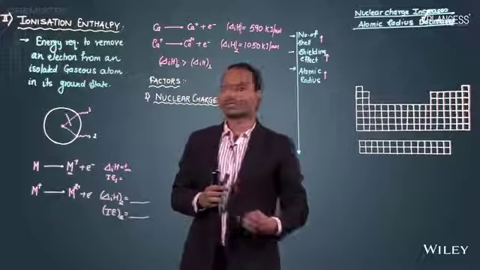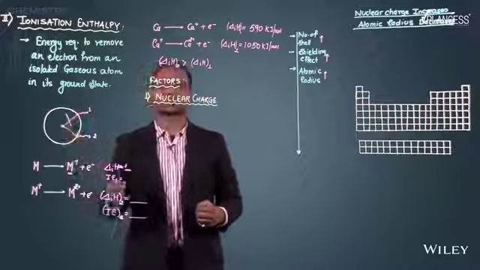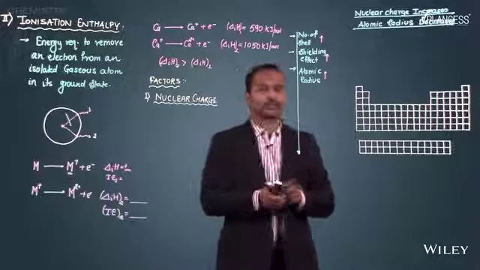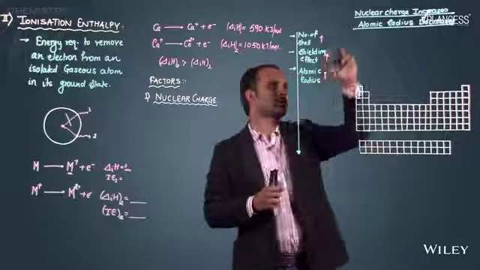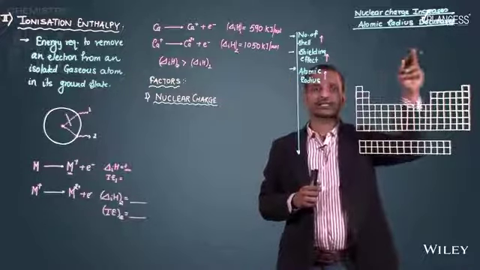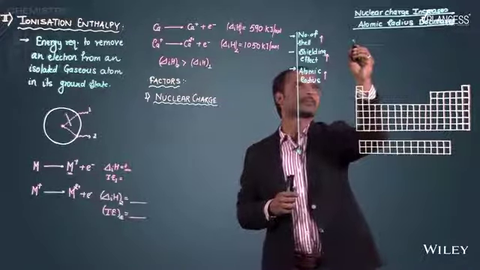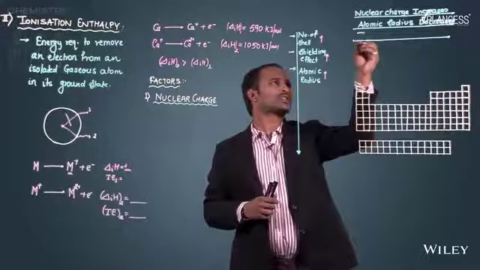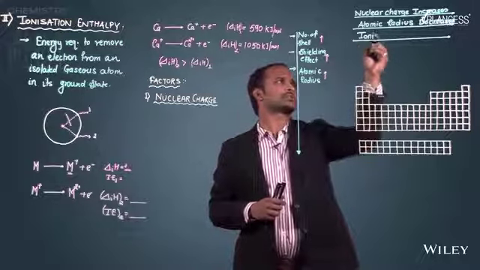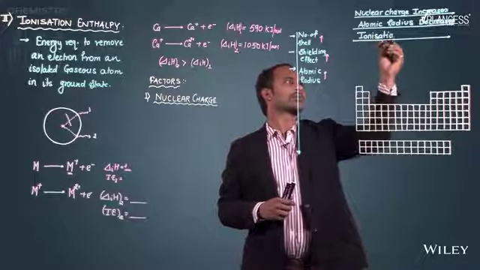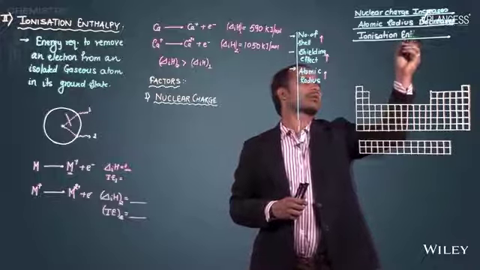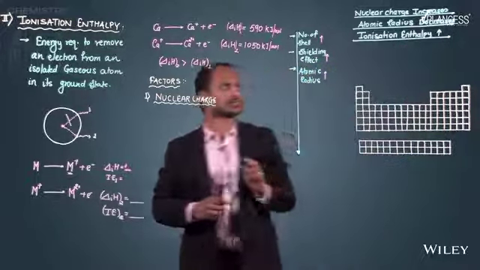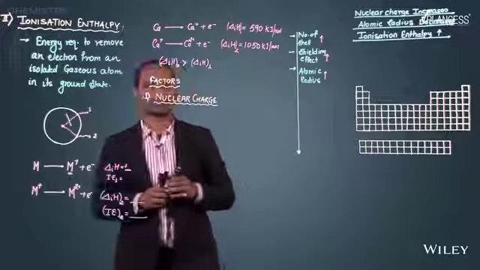So as the nuclear charge increases, the attraction increases. Attraction increases means the energy required for removing an electron also increases. So here I can say that when we move from left to right, nuclear charge increases, and hence ionization enthalpy also increases when we move from left to right in a periodic table.